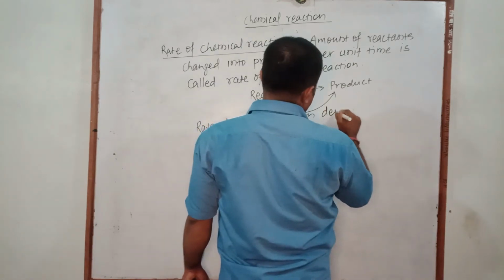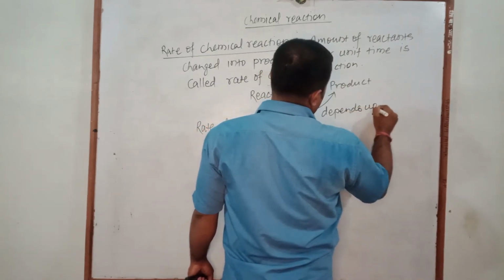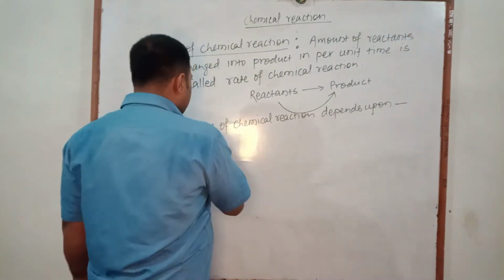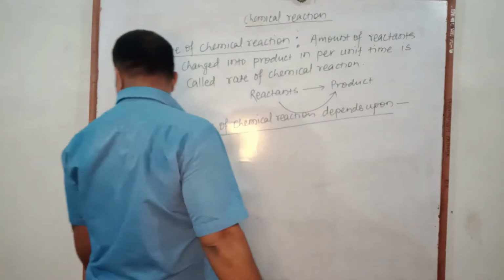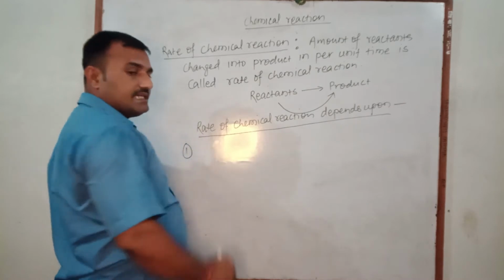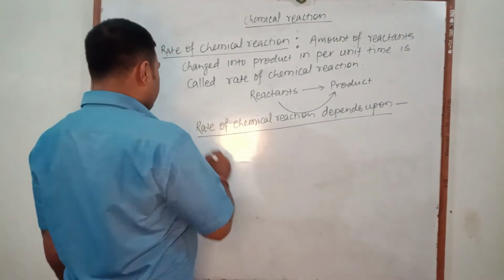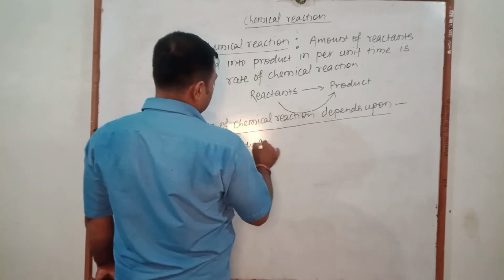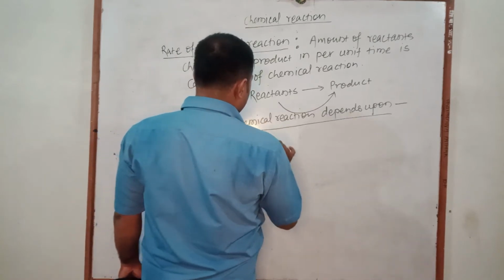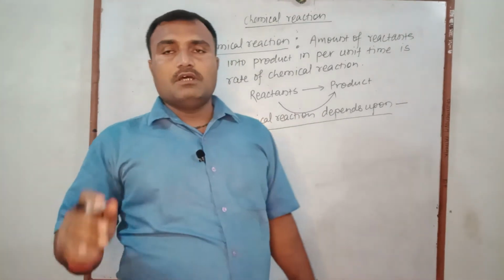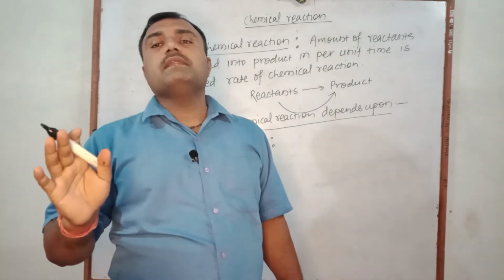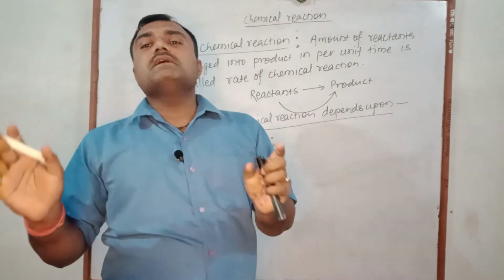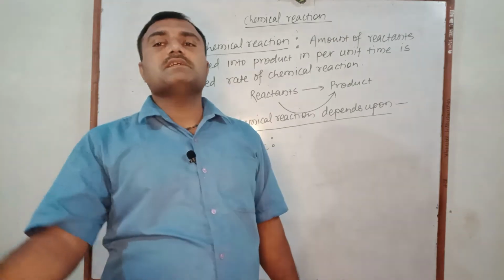The rate of chemical reaction depends upon various factors, and here we write on which factors it depends. At first we write how it depends upon temperature. When we give heat energy to the reactant, its temperature increases, or the average kinetic energy of the reactant molecules increases.